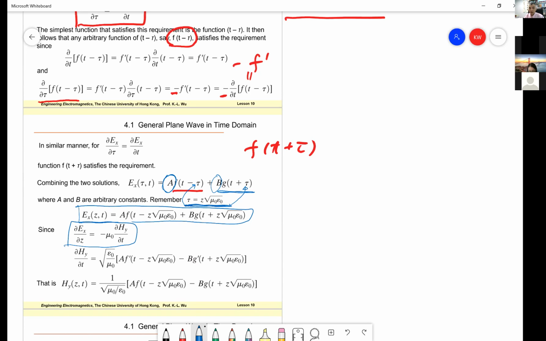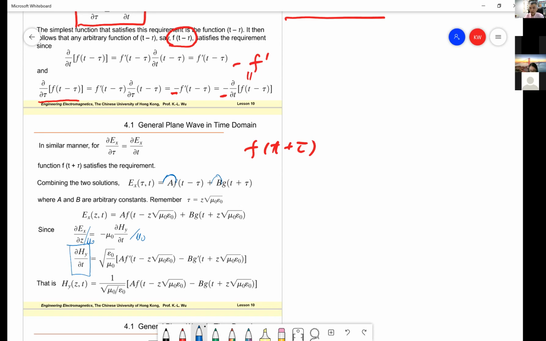Then let's find out what the magnetic field is. I divide mu0 on both sides. Then let's look at this.